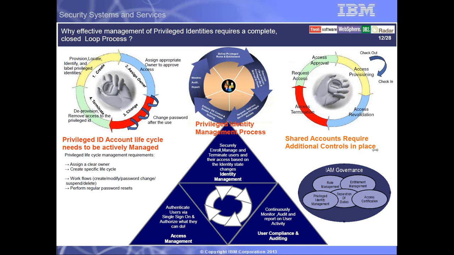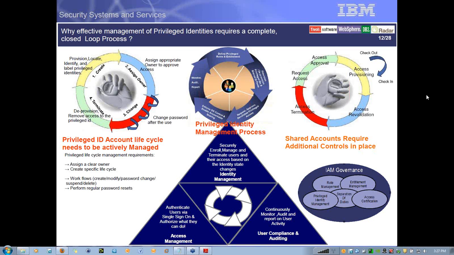Now, in the case of shared accounts, you start with requesting an access. Then the access is approved. Then you get into the provisioning mode, which is based on need. Let's say I want to use it now, only then do I get access to the ID.